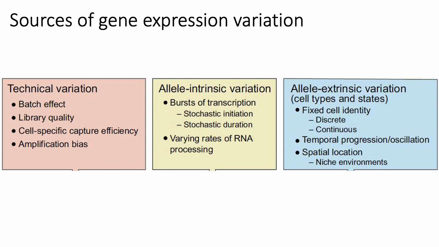In terms of amplification bias, I mentioned that UMIs are one technology that allow you to detect PCR duplicates and remove them after sequencing. In that sense, you can reduce PCR amplification bias, but you can't remove it completely, right? Imagine, for example, that after PCR amplification, your library size is much larger than the number of reads you sequence.